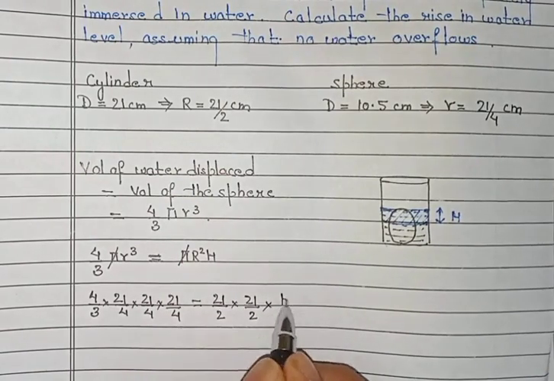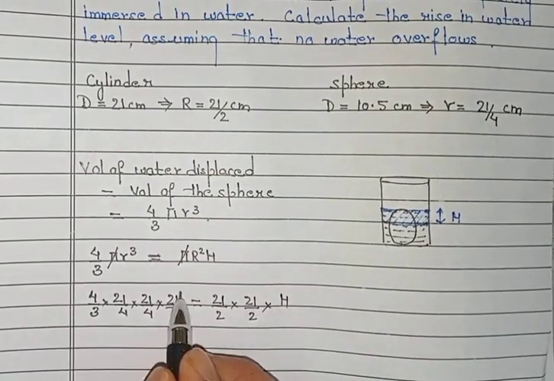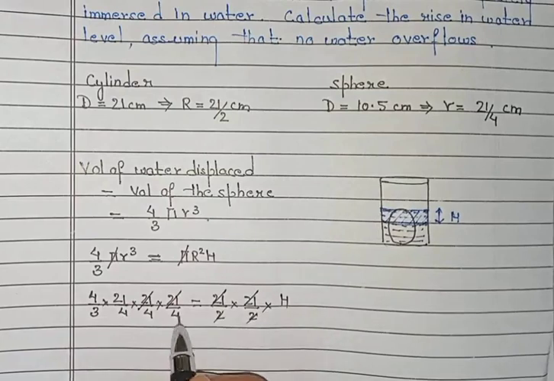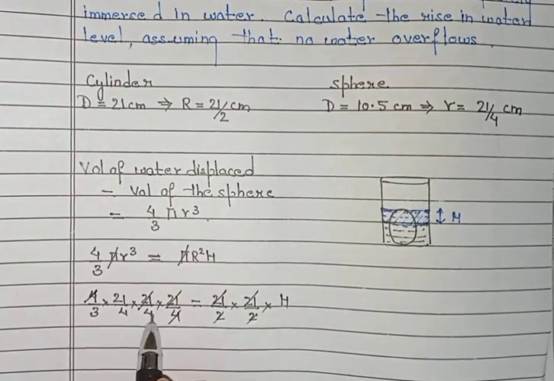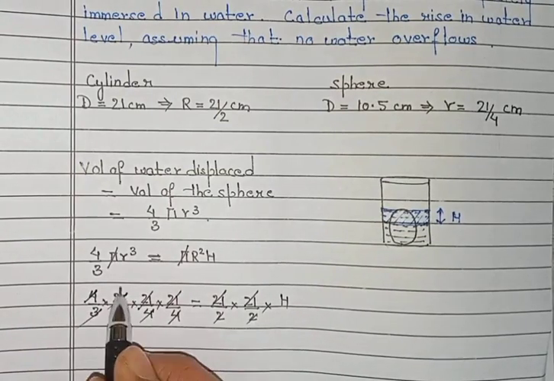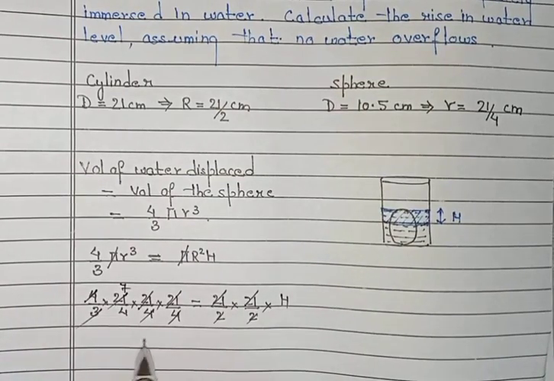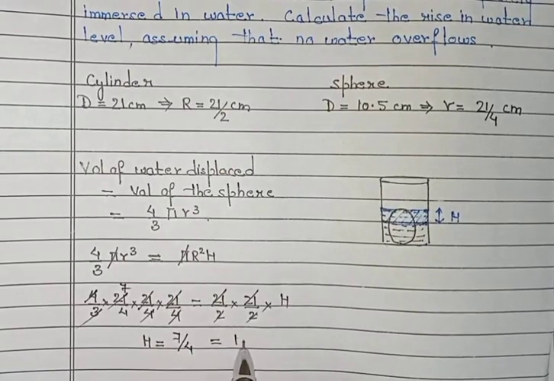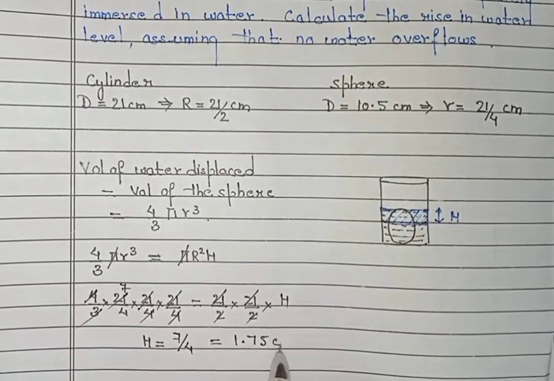And this height you have to find. Okay, here you can see 2 2s are 4, this will cancel out, this 4 will also cancel out, 3 will reduce this 7 times. So height through which the water level rises is 7 by 4, that is 1.75 centimeter.